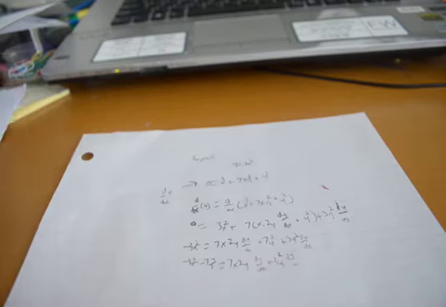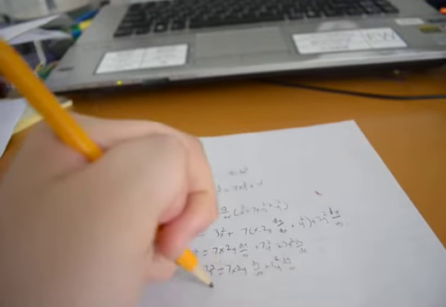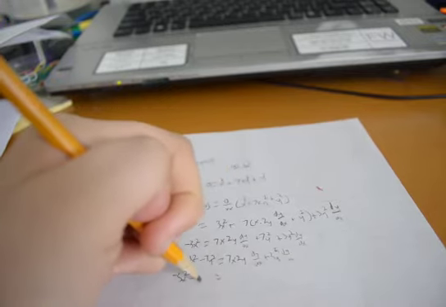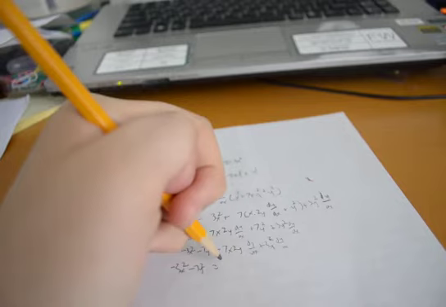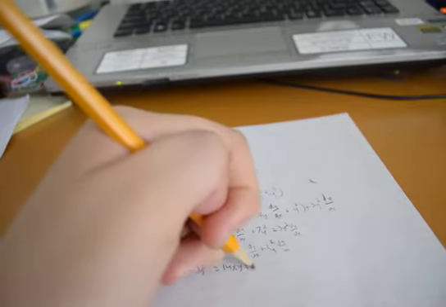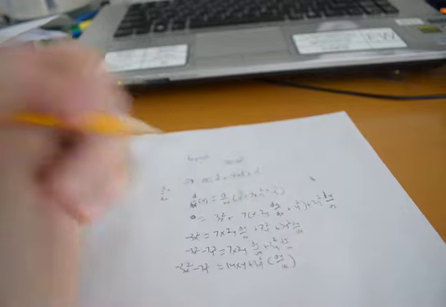And now what you want to do is factor out the dy/dx. So now we have negative 3x squared minus 7y squared equals 14xy plus 3y squared times dy/dx.